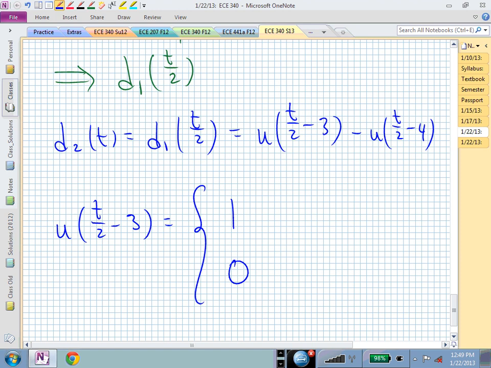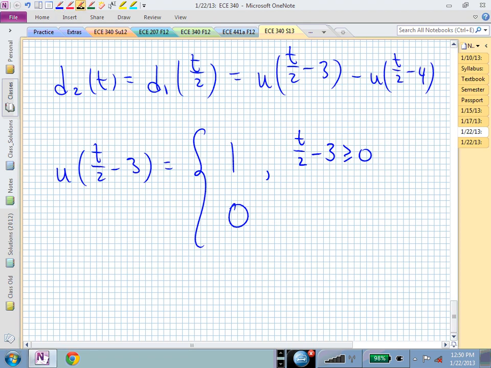Well, it's on when the argument is non-negative. So as soon as this argument becomes 0, that turns on, and it stays on as long as that argument stays positive. Well, that's going to happen when t over 2 minus 3 is greater than or equal to 0.